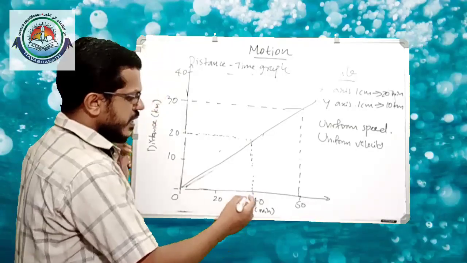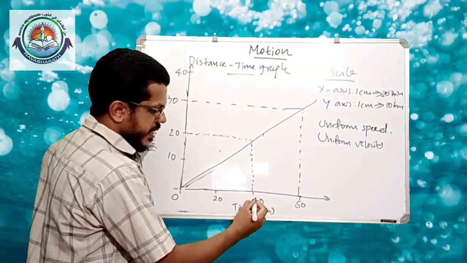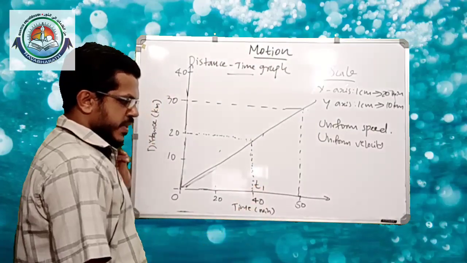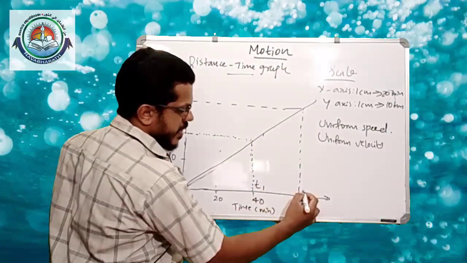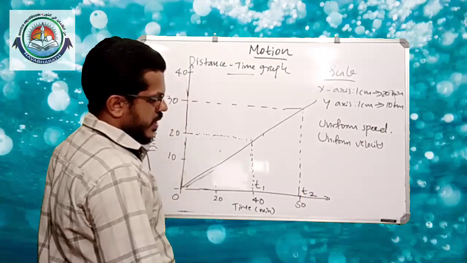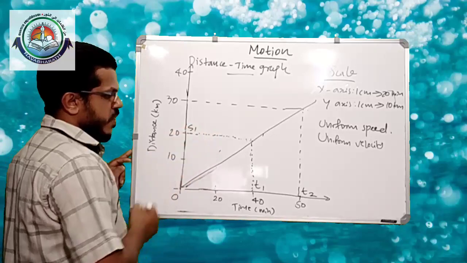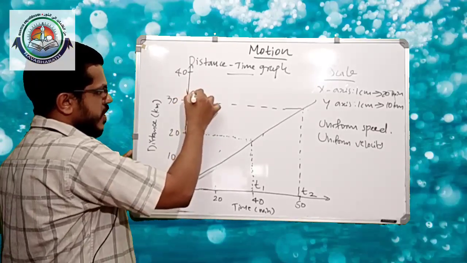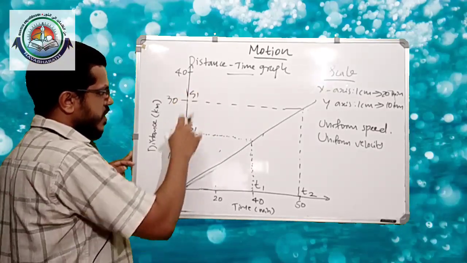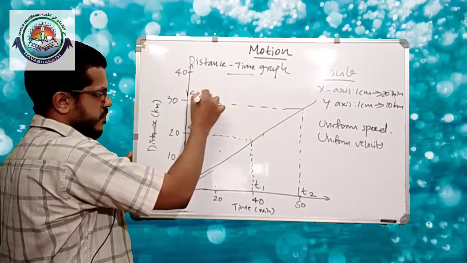Imagine I take the first time, 40, as t1 and the last time, 60, as t2, and the first position is taken as s1 and the last position is taken as s2. This is the initial position and this is the final position s2.